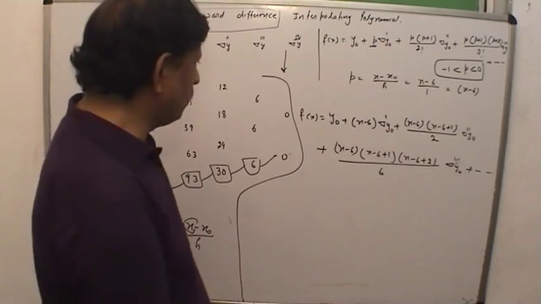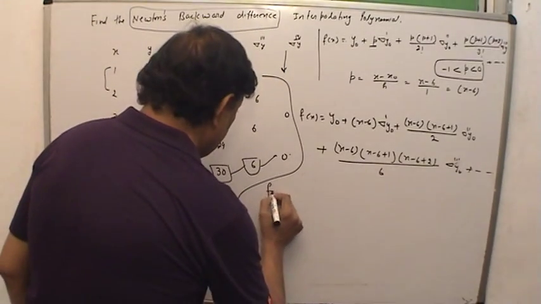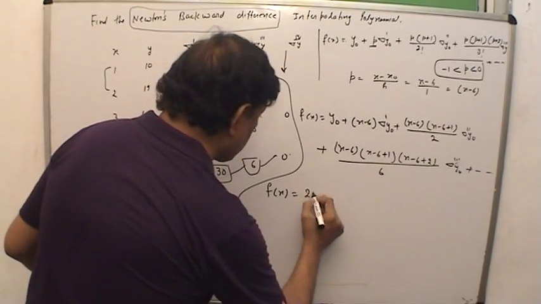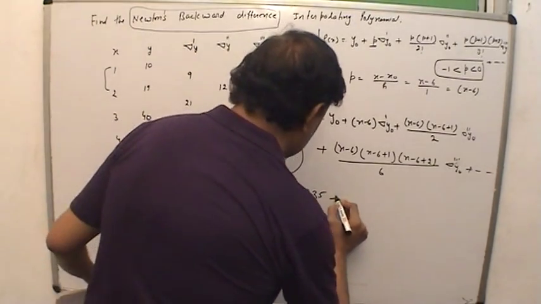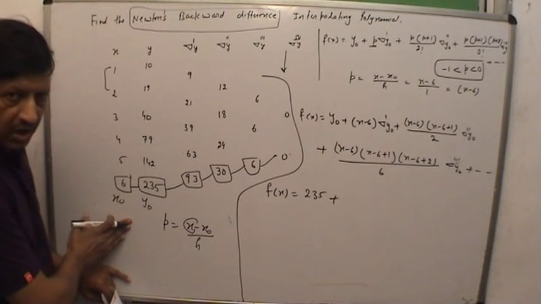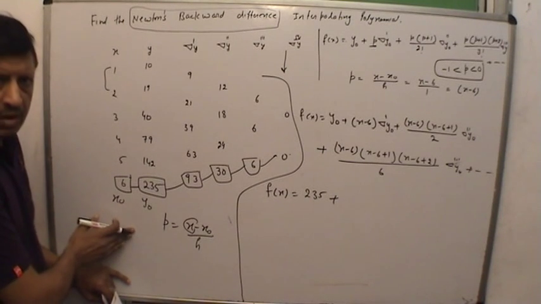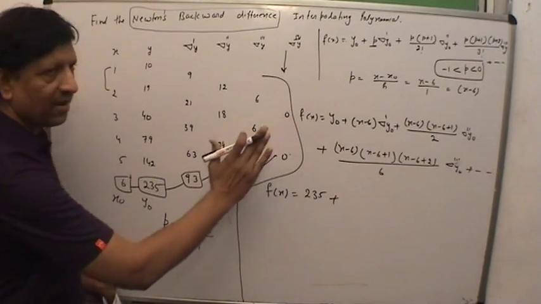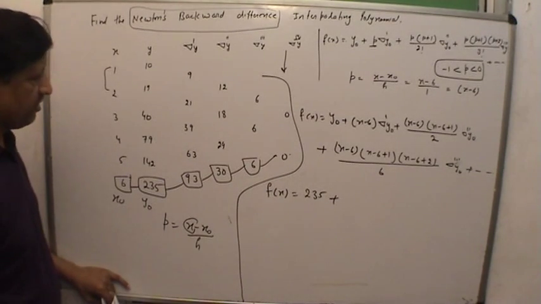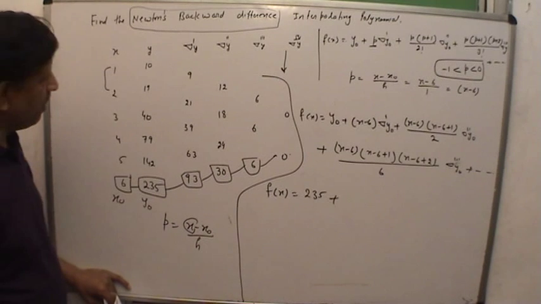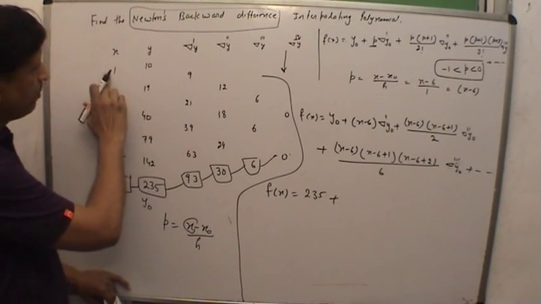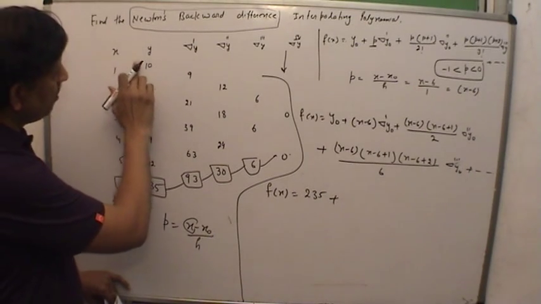Now we put in the values. f of x is equal to, what is y0? That is 235. We are starting our trail from the last value of the data, moving upward in the trajectory. If it is forward, then we will start with the first pair, moving downward.